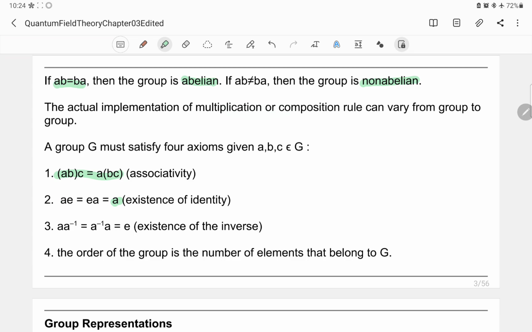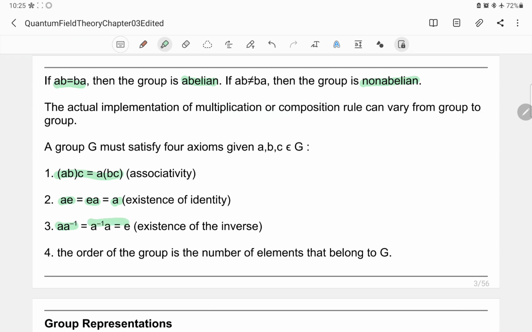So in this case, you have A times E, or the identity, equal to E times A equals A. And also the existence of the inverse, such that when you multiply A and its inverse, denoted by A to the minus 1, this is equal to A to the minus 1 times A, and that should equate to the identity.